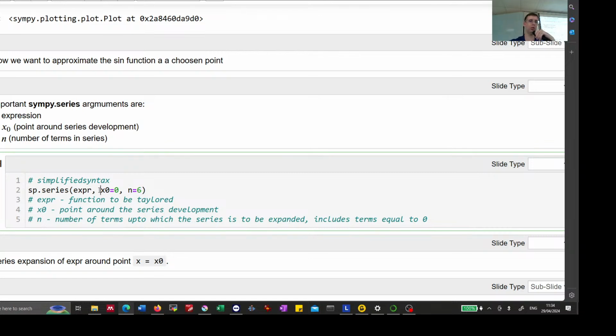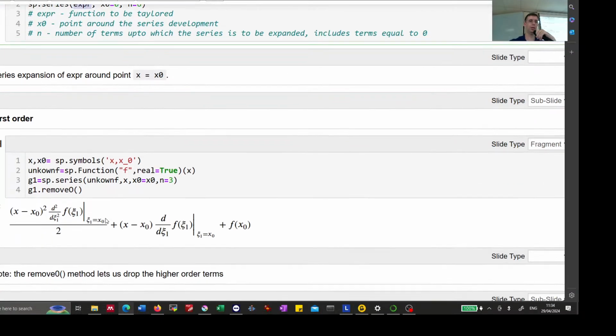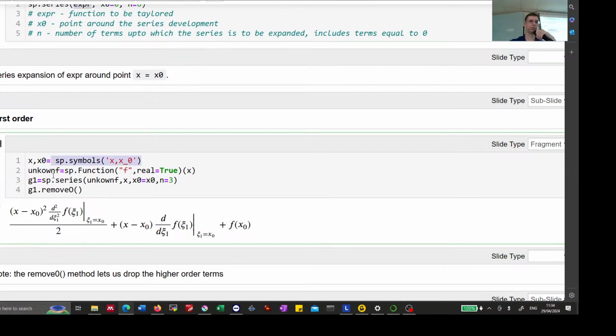We can change the optional arguments here, but we must always provide the required argument. Okay, so let's see. So we have here two symbols, x and x0. We have some unknown function labeled f. It's a real-valued function with the argument x. So far, so good.